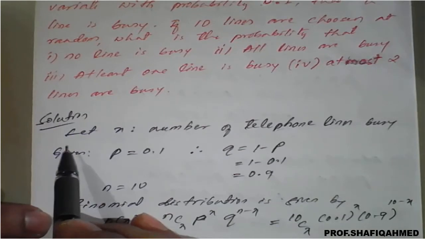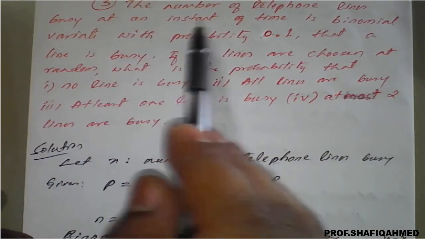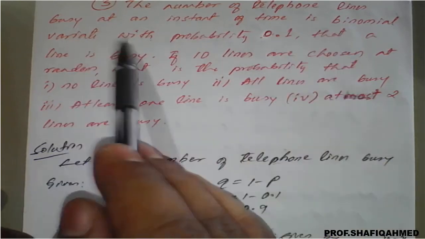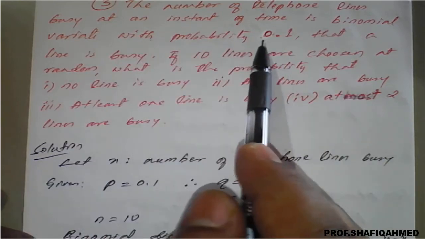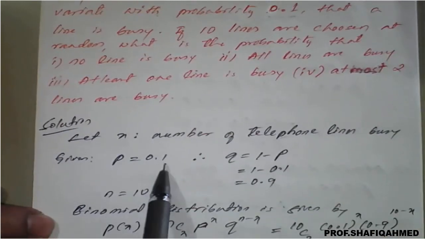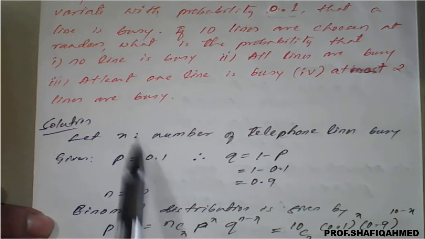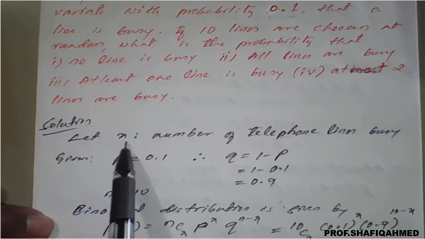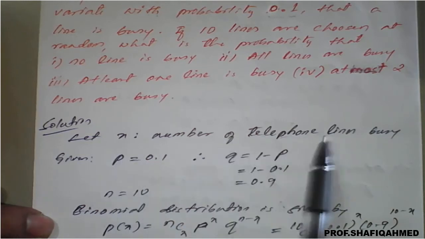Next solution is, I'll repeat the question: the number of telephone lines busy at an instant of time is a binomial variate with probability 0.1. So 0.1 means the value of p is 0.1, and here we are going to assume that x will be the number of telephone lines.